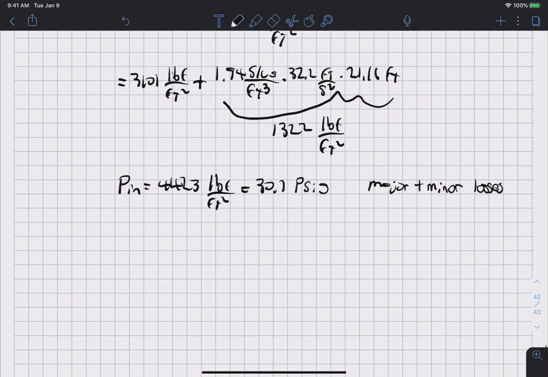I'm just going to finalize the results in a table. So we have P in equals, in the basement, 10.76 psi gauge pressure, and that's no losses. That's the value you'd get if you chose incorrectly to use the Bernoulli equation for this.